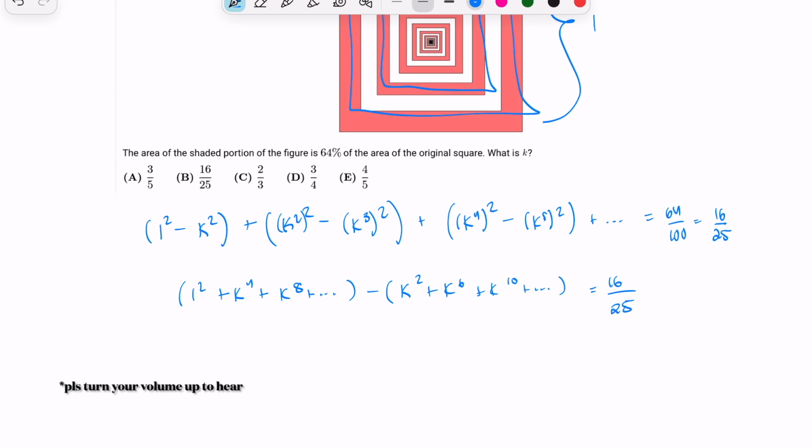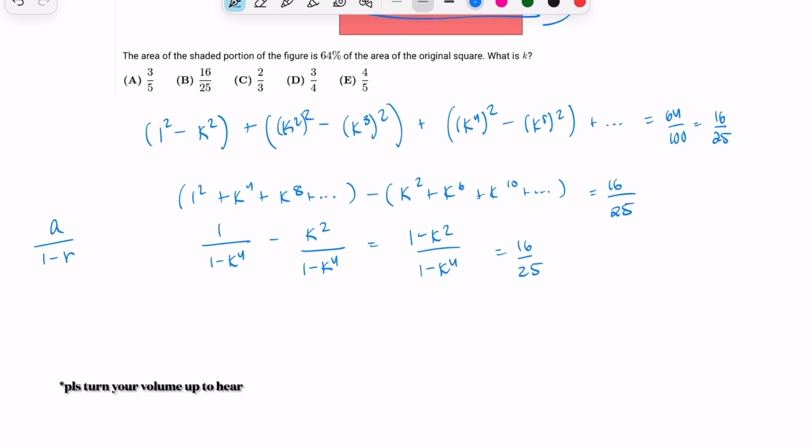So the left side is just two infinite geometric sequences, and we can use the formula that the sum of an infinite geometric sequence is the first term over 1 minus the common ratio. So the left side becomes 1 over 1 minus k to the power 4, minus k squared over 1 minus k to the power 4, which equals 16 over 25.